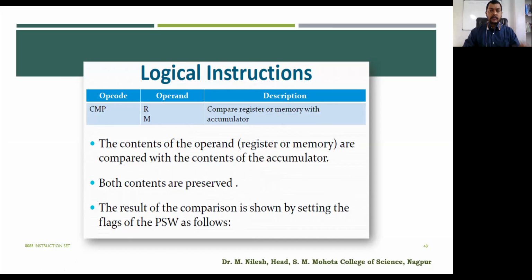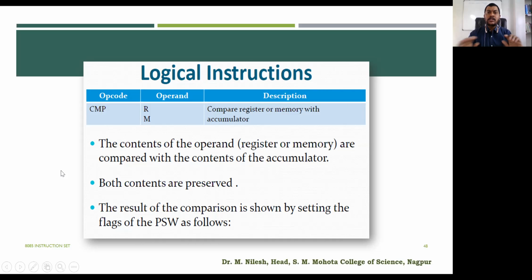This is a must for any of these instructions. The contents of the operand, that is the register or memory, are compared with the contents of the accumulator. Both the data remain unchanged. They are not altered, so both the contents are preserved.